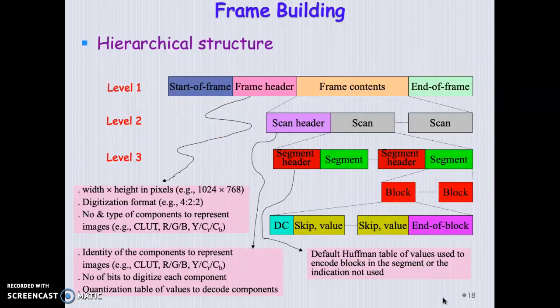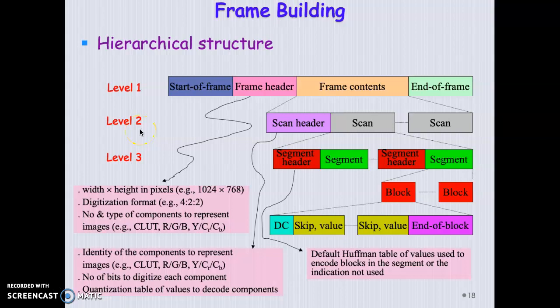Lastly, you will do the frame building. You will form a hierarchical structure with a few levels. It starts with start of frame, frame header, frame content, and the end of frame. The frame content you divide into a few blocks, at a second level.